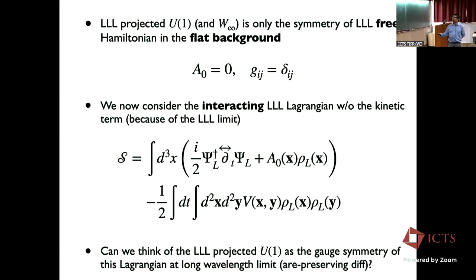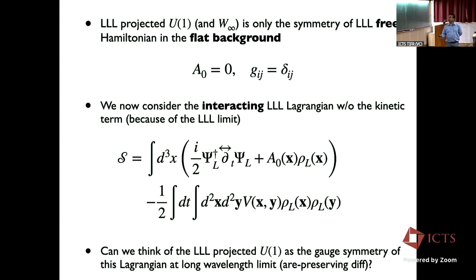So only the coupling with the potential, and here is the density interaction, but both of them are in the lowest Landau level. So the question is, can we think of the lowest Landau level projected U1 as a gauge symmetry of this Lagrangian? In the long wavelength limit, is area-preserving diffeomorphism a symmetry of this problem?